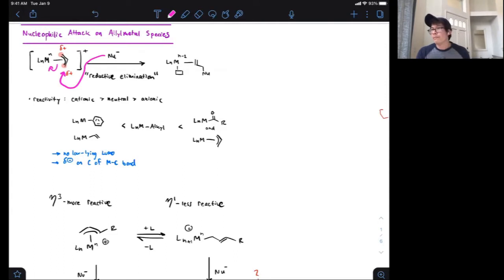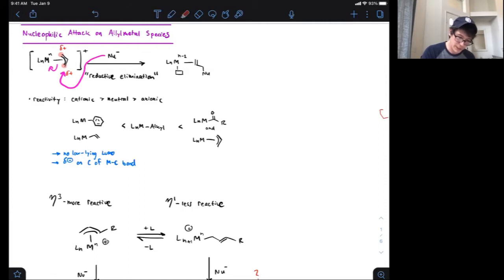And so metal allyls are a little bit special compared to other X-type organic fragments that we have encountered before.